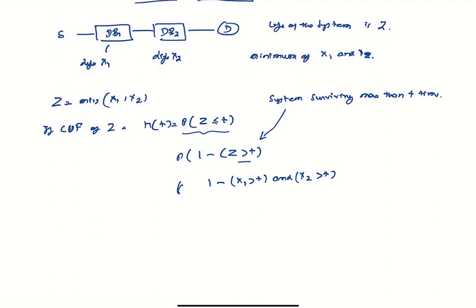So h of t is 1 minus the probability of x1 more than t and the probability of x2 more than t.